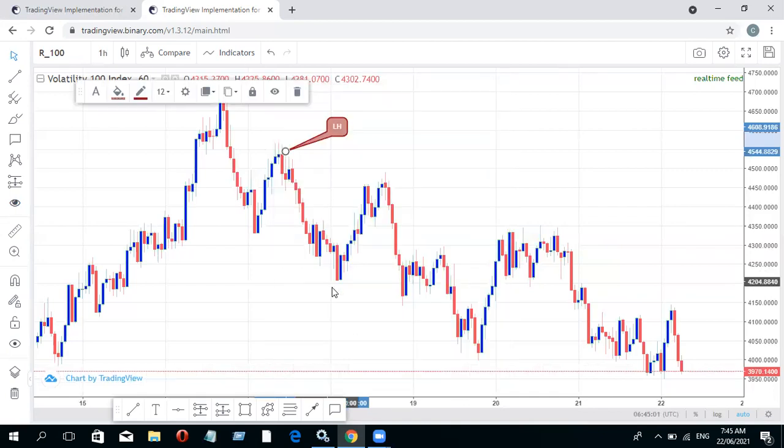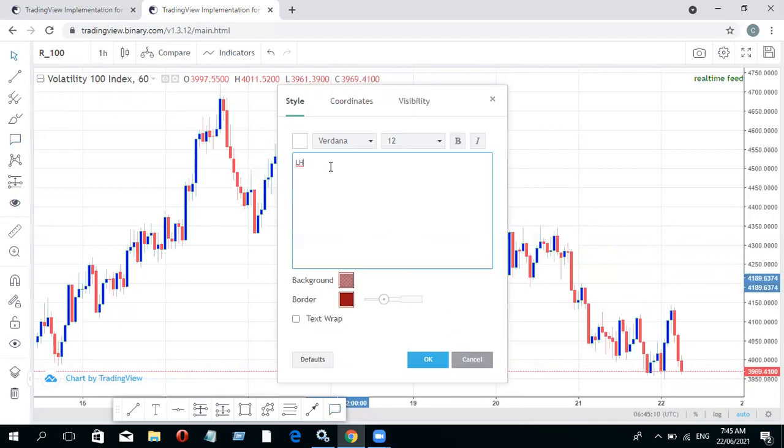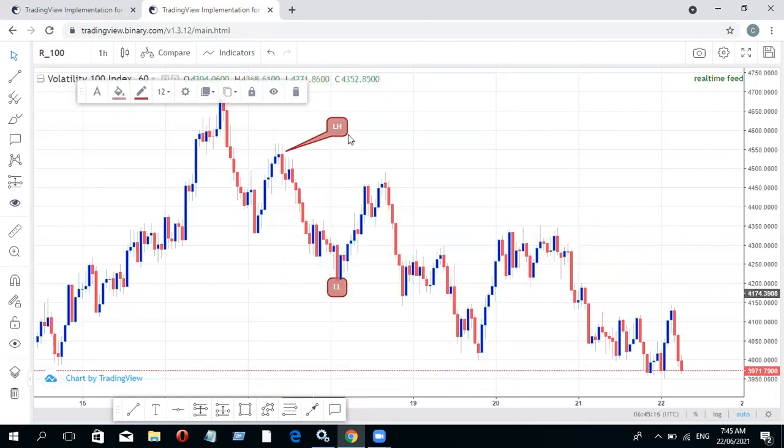And this point here is a lower low. Okay. So that is it. You see the market doing this.